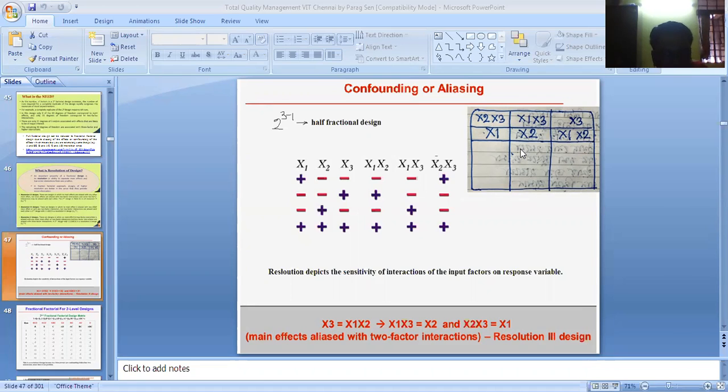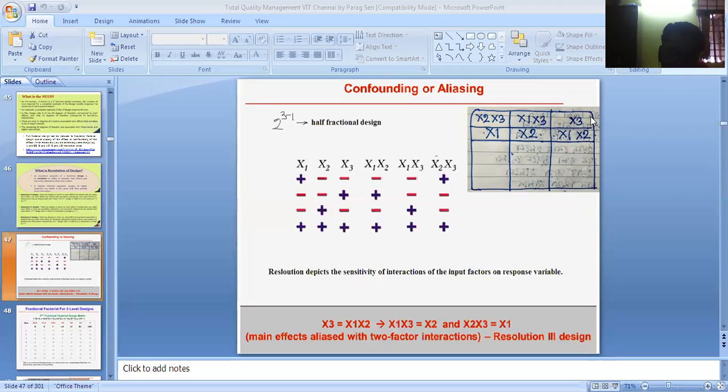In your two-factor full factorial design, x1 and x2 will be based on the possible combinations, the plus or minus sign you can have.